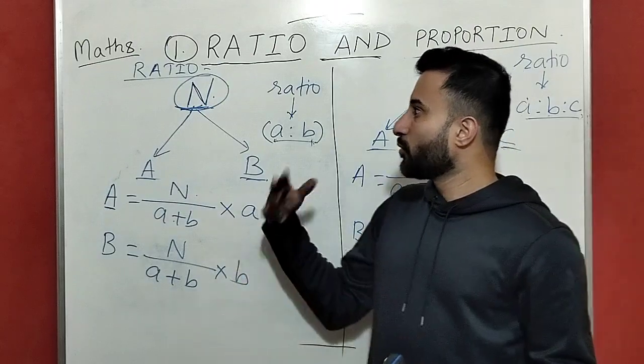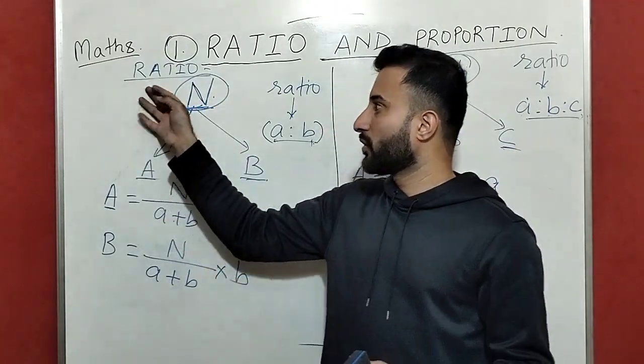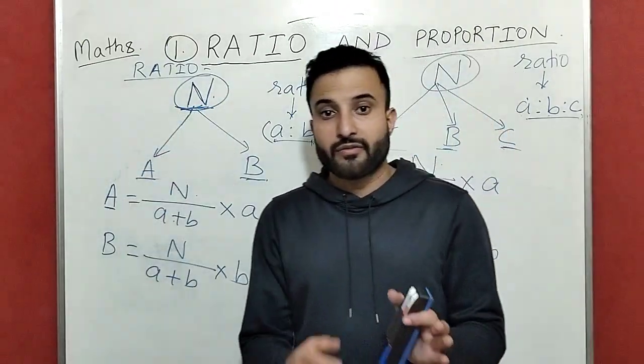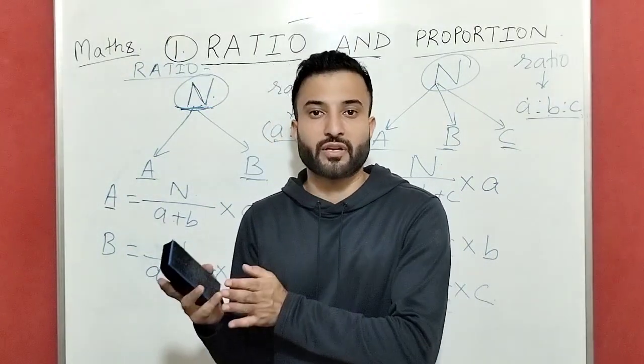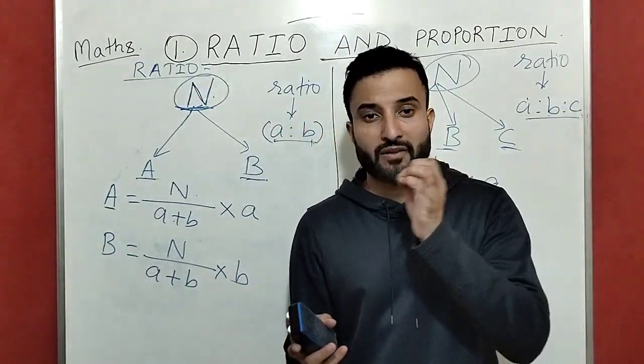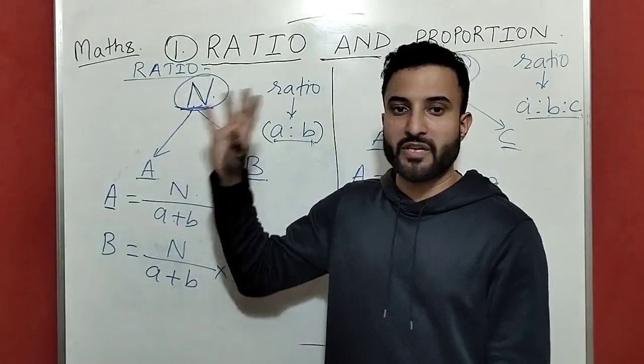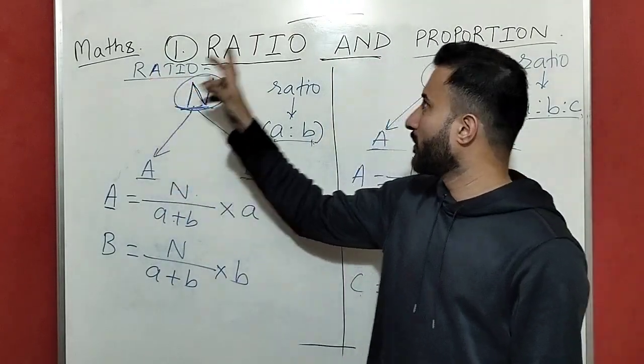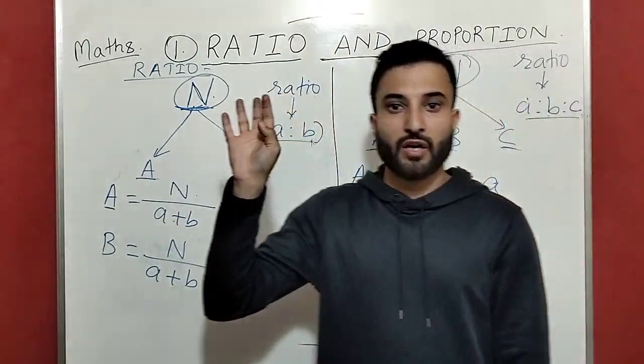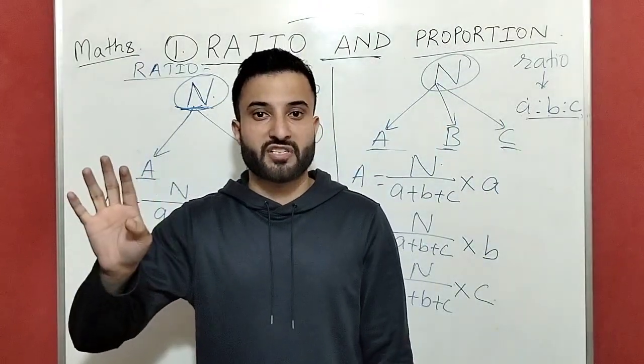So in the next video we are going to do the sums, the problems on ratio, and we will try to do the maximum number of problems, like 25-30 problems from each topic. Ratio 30 problems, proportion 30 problems, so 60 problems from one chapter.